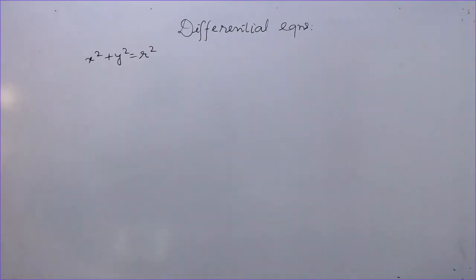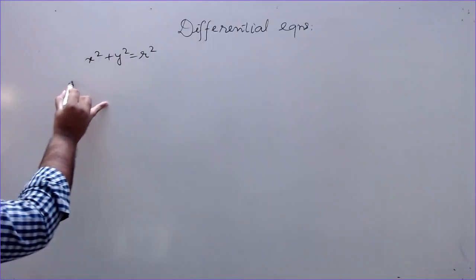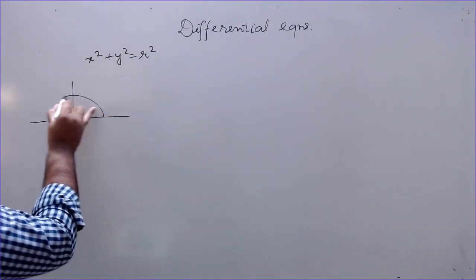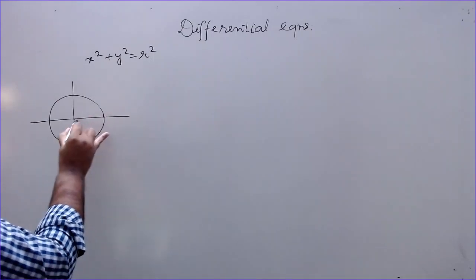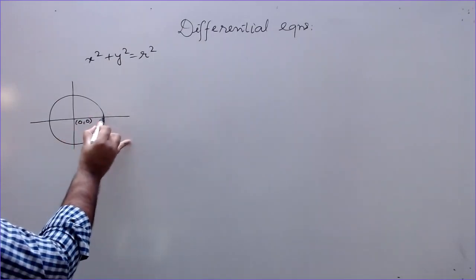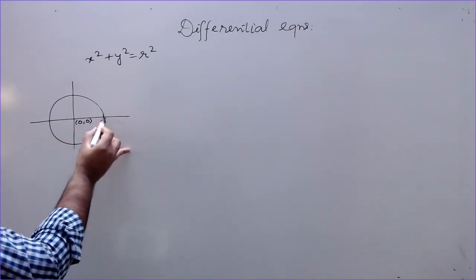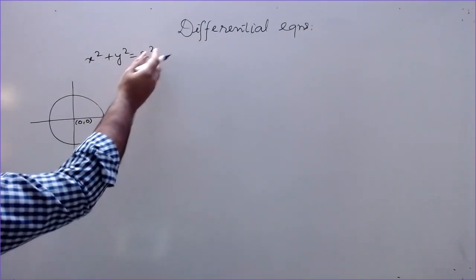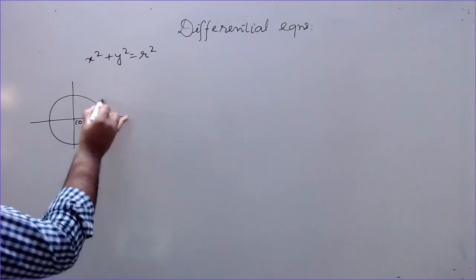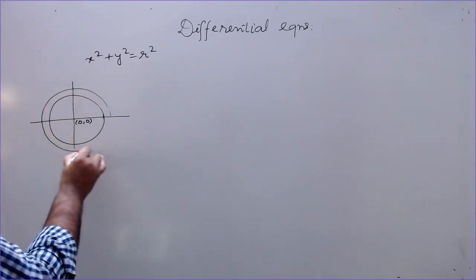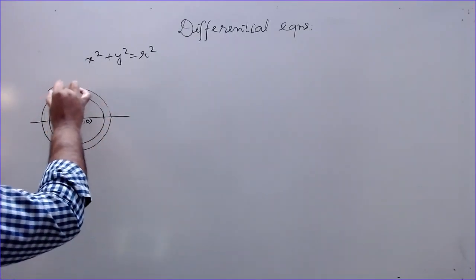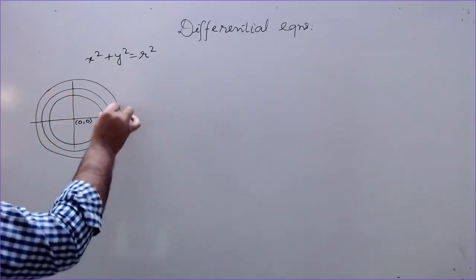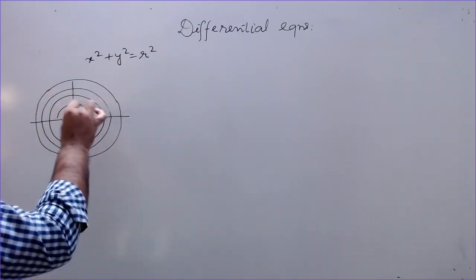This is the equation of a circle with center 0, 0 and radius equal to r. If you put different values of r like 1, 2, 3, 4, you will get different circles which have the same center, meaning concentric, and have different radii.